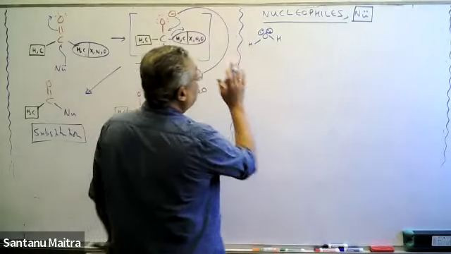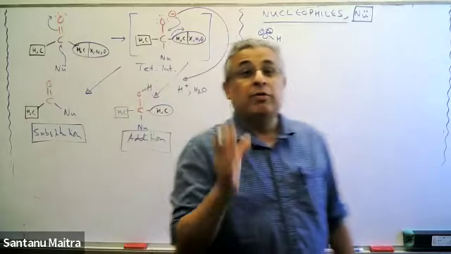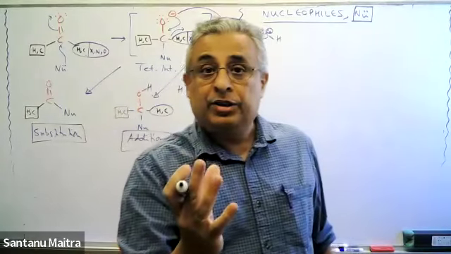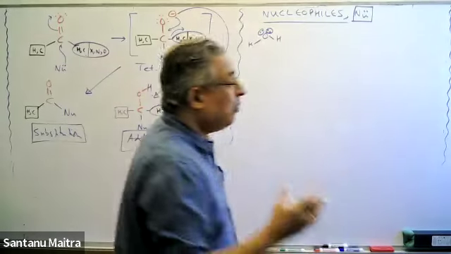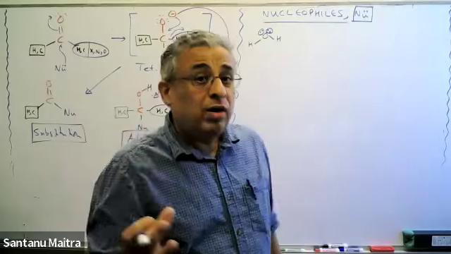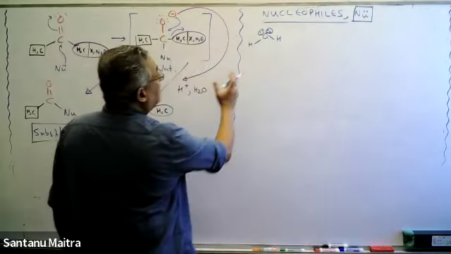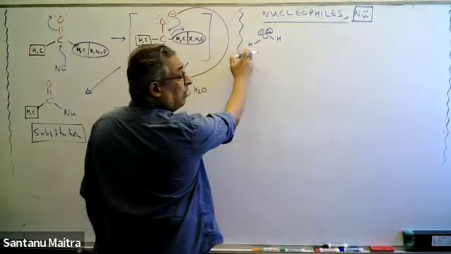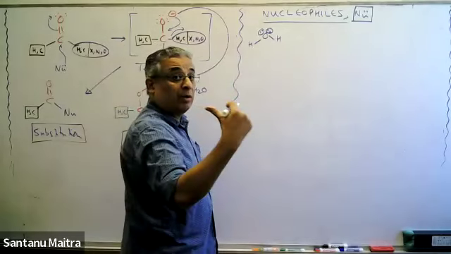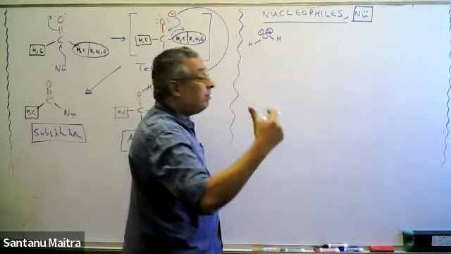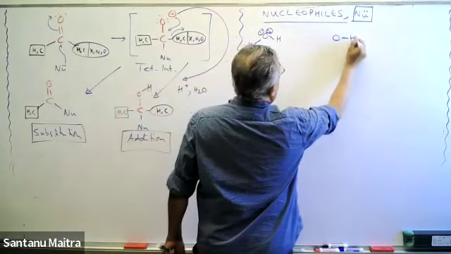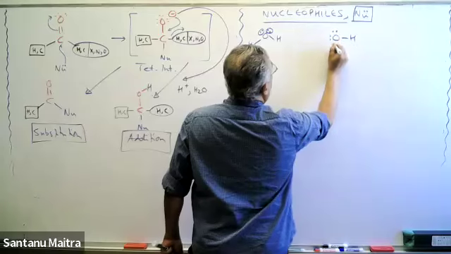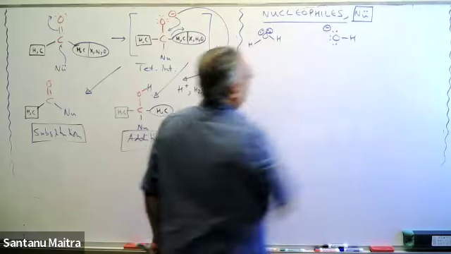If you want to add an OH to wherever you are trying to do the reaction, but you want a stronger nucleophile, then you need a species where one of the two hydrogens has been knocked out, and you have formed a hydroxide, OH minus.